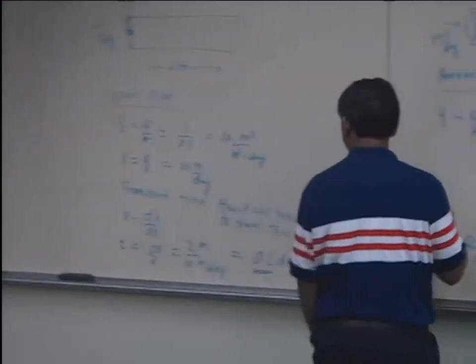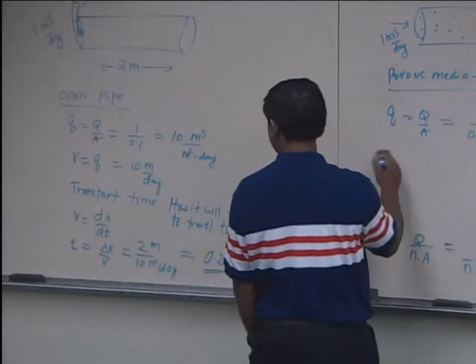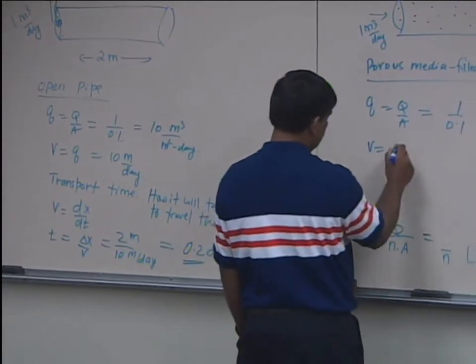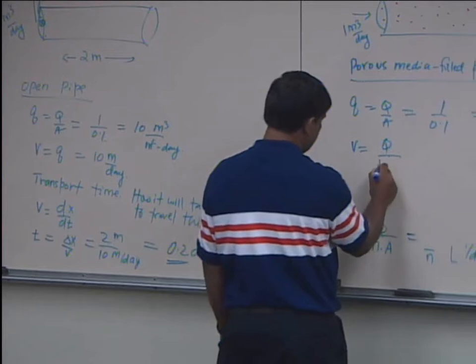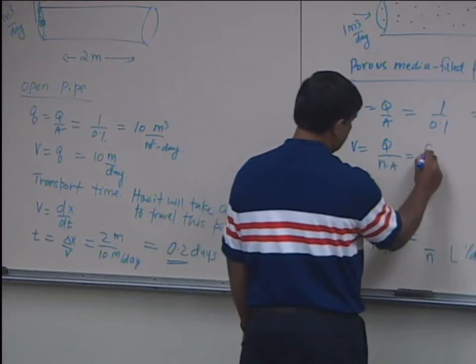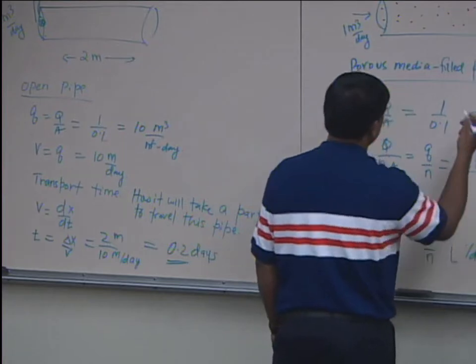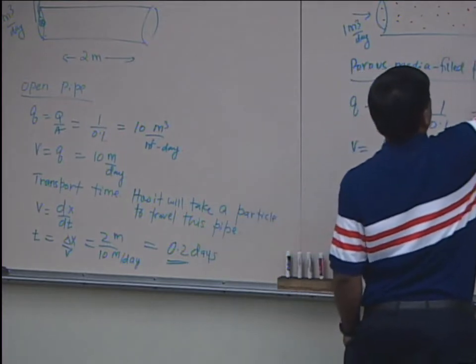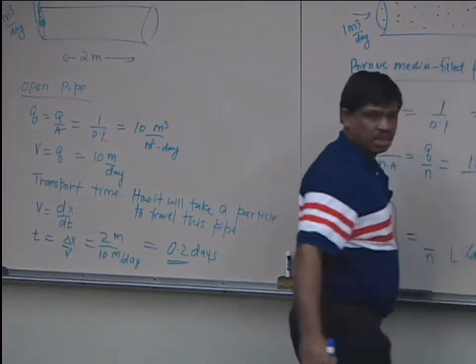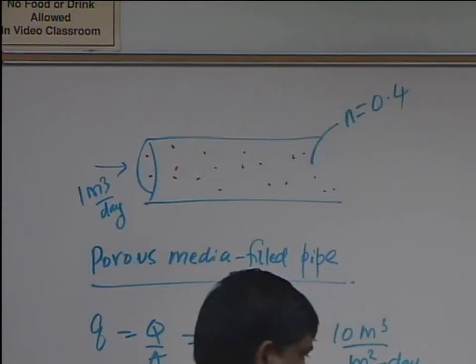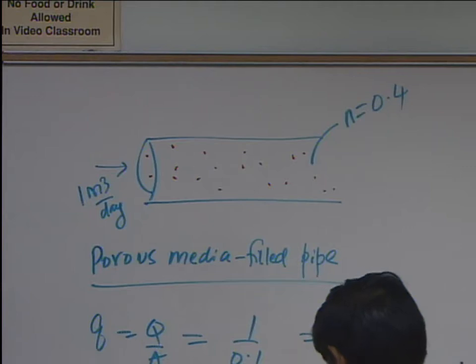Okay. And now the transport velocity V is equal to Q divided by N times A, which is also equal to little q by N, which is equal to 10 divided by N. Now you have to tell me what N is. We'll pull the magic number 0.4, which is equal to 100 over 40.